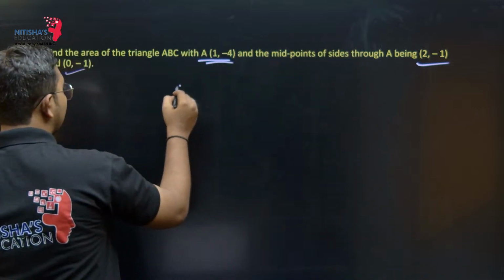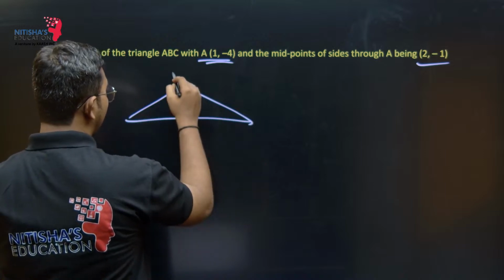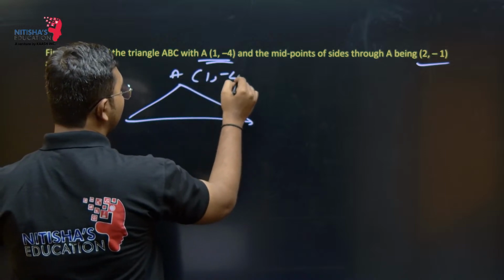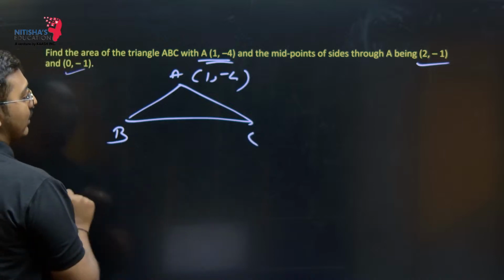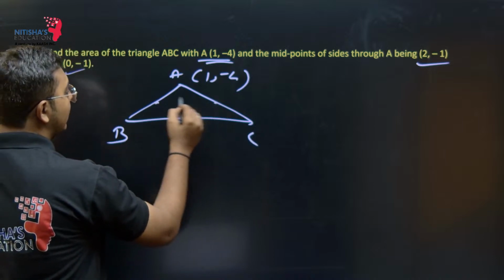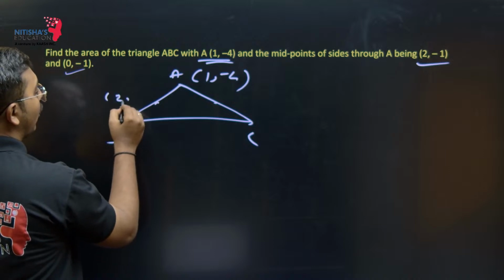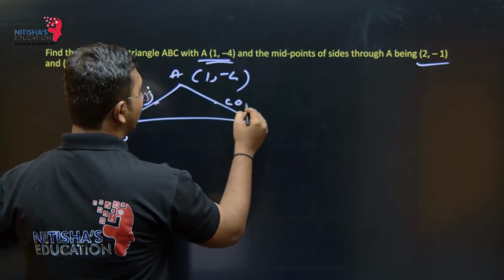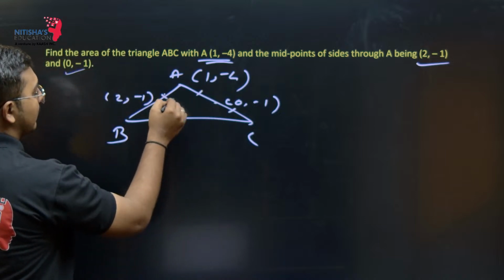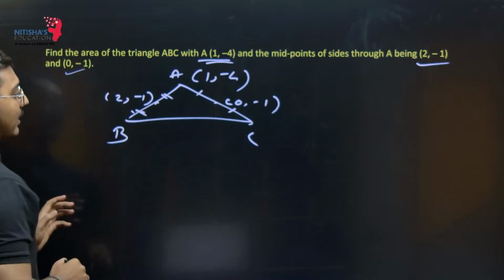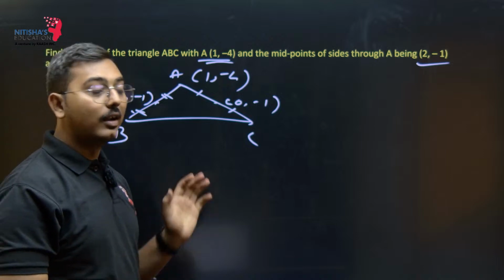So it is given like this. A, which is 1 comma minus 4. This is B and this is C. These are not provided to us. What is provided to us is this 2 comma minus 1, 0 comma minus 1. Okay, now these are the midpoints that are provided to us.